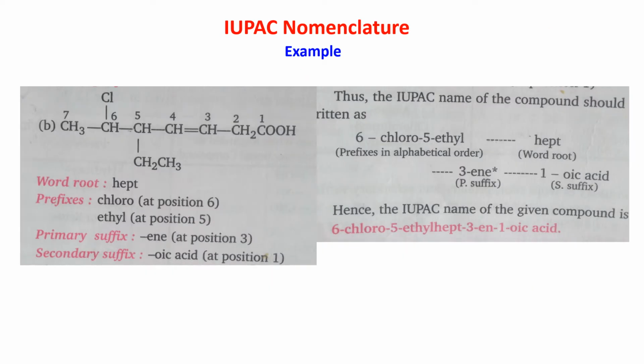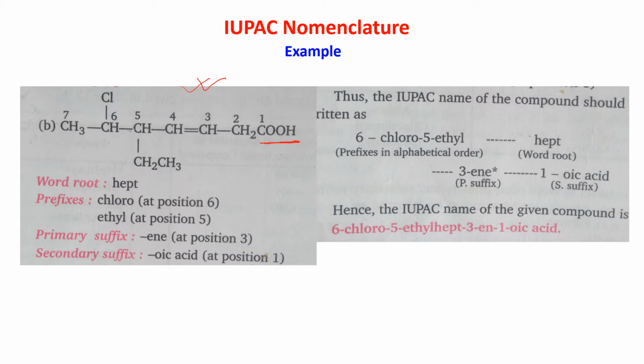Now see this example. This is the formula of the compound. Now you can see here it is containing one COOH group. So that means this is the principal functional group, the secondary suffix.